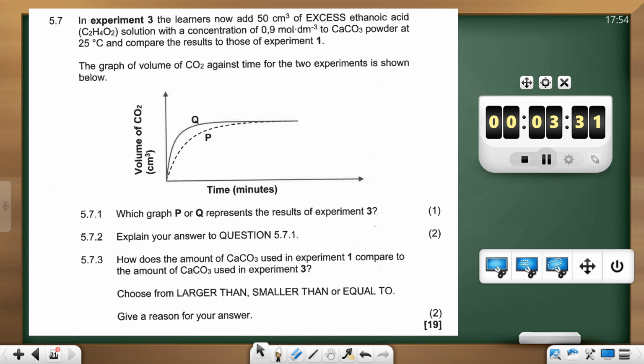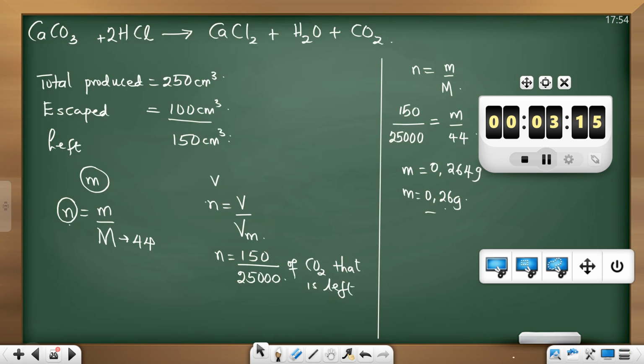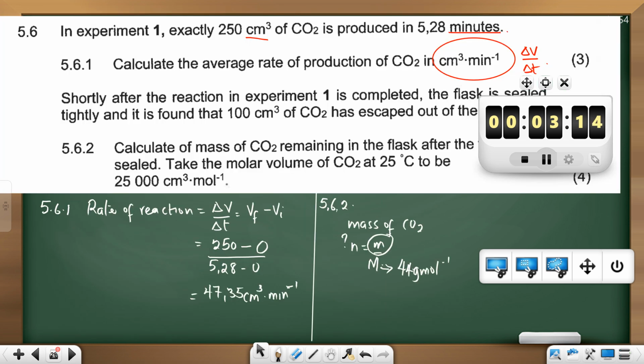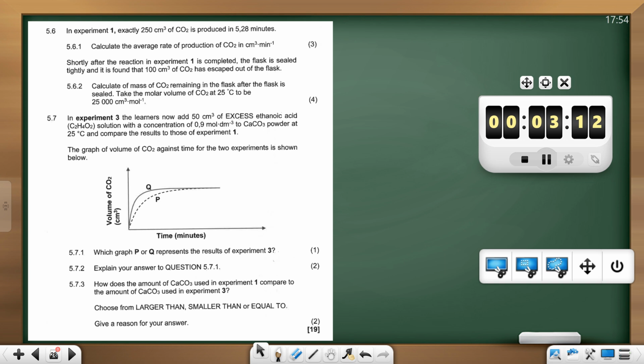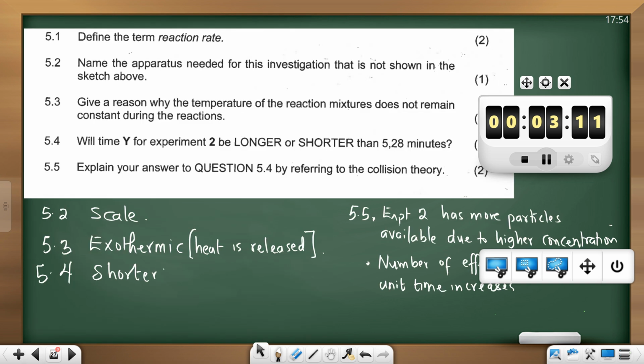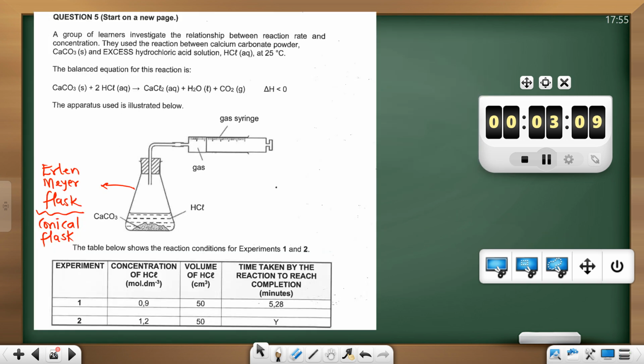There's a bit of acid and base here. So this experiment compared with experiment 1. What's your experiment 1? Okay, let's write the details of experiment 1 quickly. What was it? Concentration is what? 0.9, right?